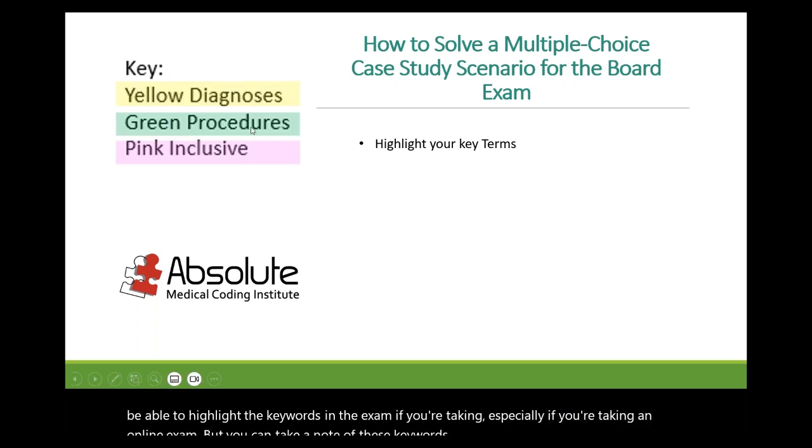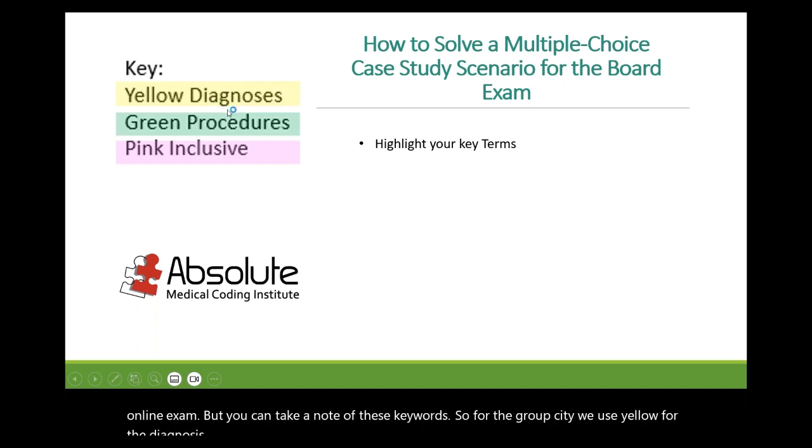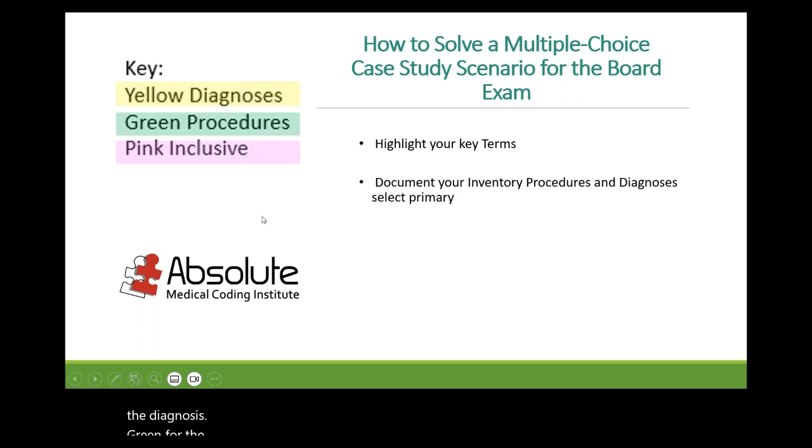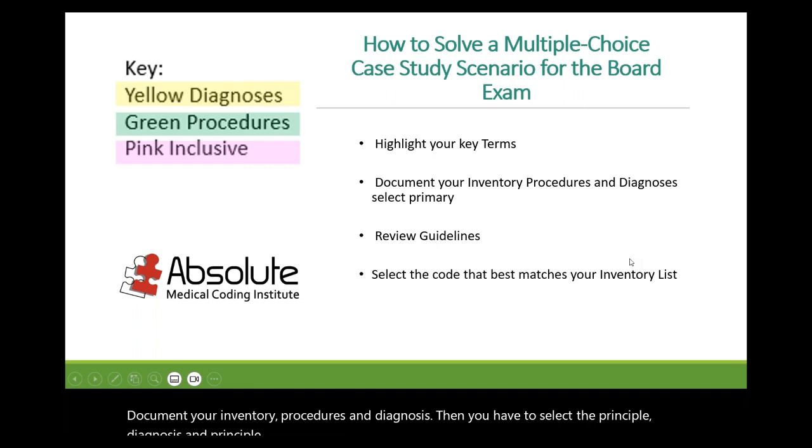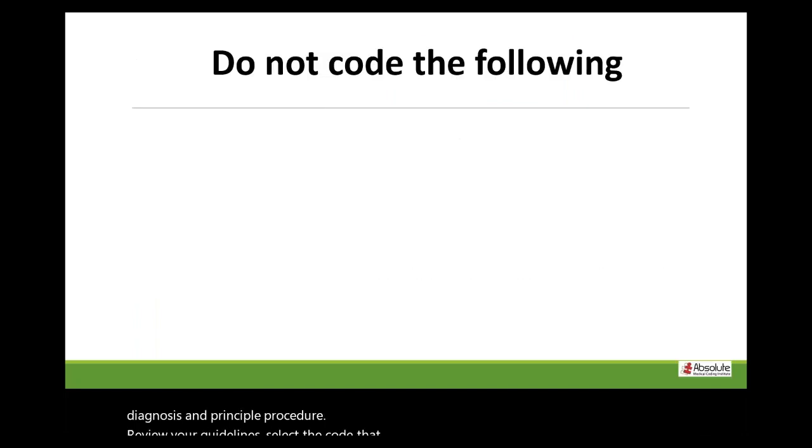So for the group study, we use yellow for the diagnosis, green for the procedures, and pink for all the other inclusive procedures being performed. Document your inventory procedures and diagnosis. Then you have to select the principal diagnosis and principal procedure. Review your guidelines, select the code that best matches your inventory list.